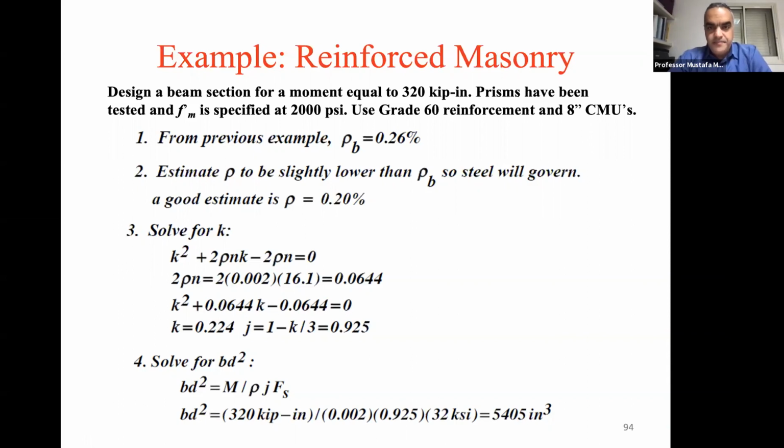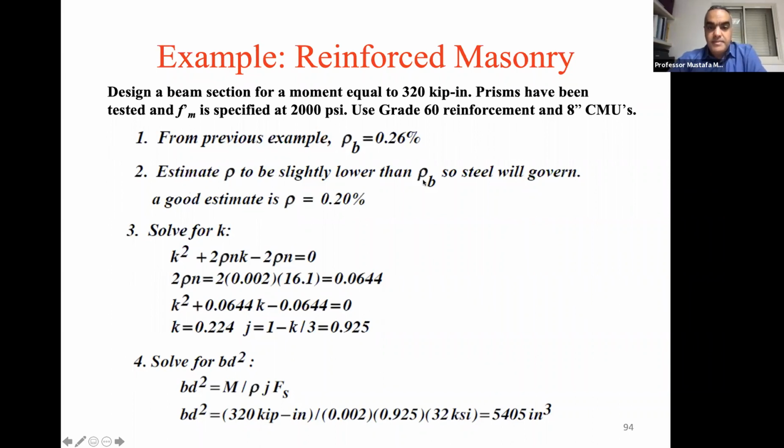So having 60 ksi steel and F prime M for the masonry, these are the material properties, and the balanced condition depends on the material properties. That's why it's the same, because you were using that.